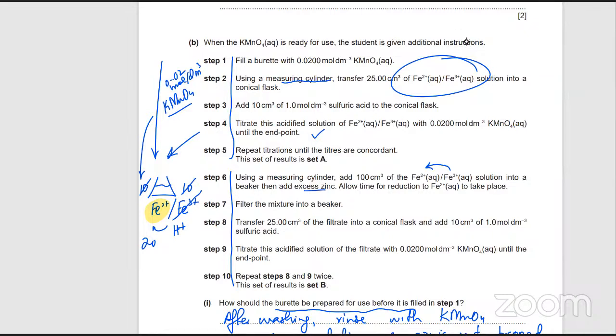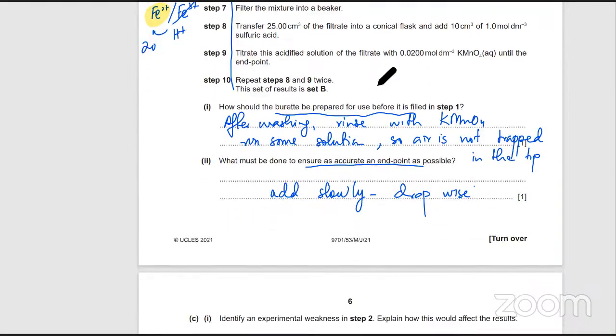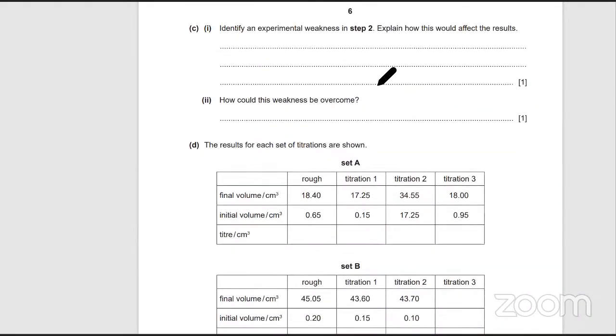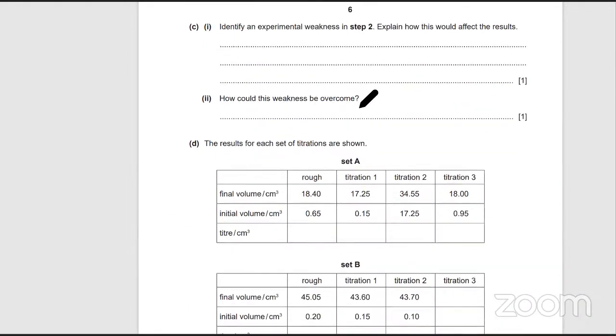How would you improve this weakness? 25 cm cube किस चीज से measure करोगे? So that's going to be a pipette. नहीं, burette नहीं, pipette. Flask के अंदर pipette से measure, 25 cm cube is usually measured using a pipette. तो बस how could this weakness be overcome?